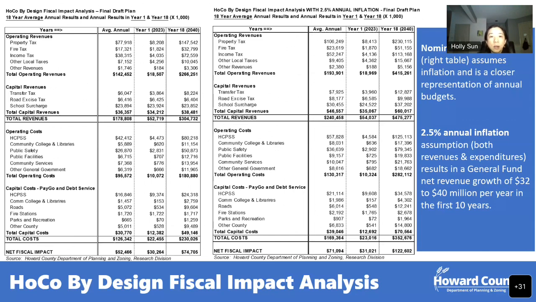So just to give you a general idea here, if we use the nominal value based on CBO's projection of 2.5% inflation, and in this case we assume both revenue and expenditure grow at exactly the same pace as inflation, then the general fund assumption is to grow by 2.5% a year. So both revenue and expenditure grow by 2.5% for the base model before we add any new development.